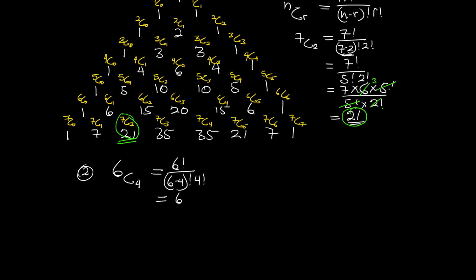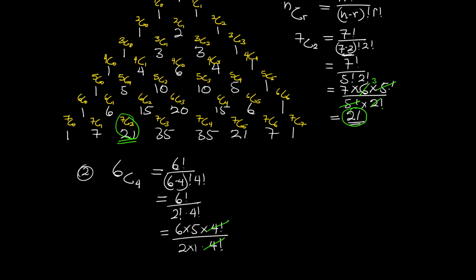And this evaluates to 6 factorial over 2 factorial, because 6 minus 4 is 2 factorial, times 4 factorial. So we have 6 times 5 times 4 factorial over 2 times 1 times 4 factorial.